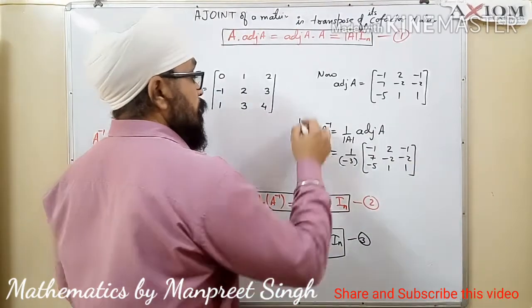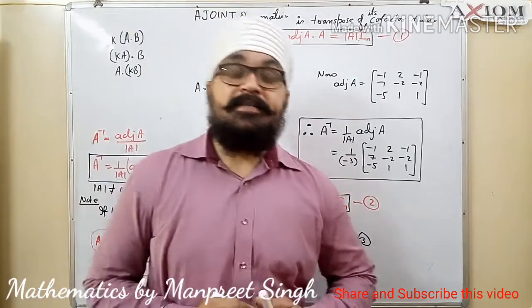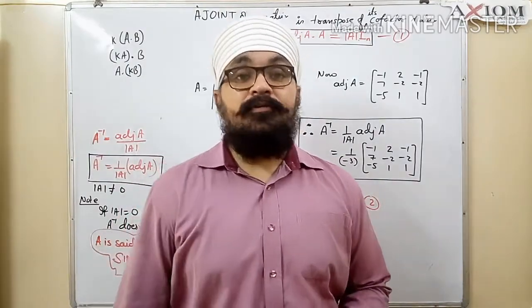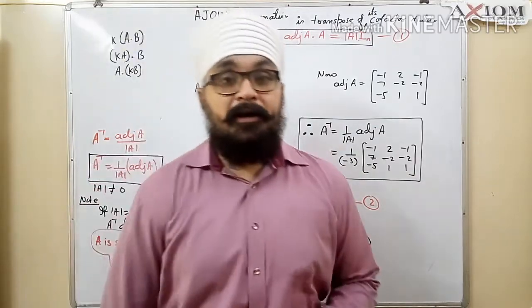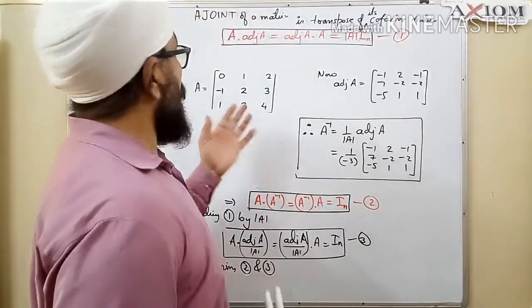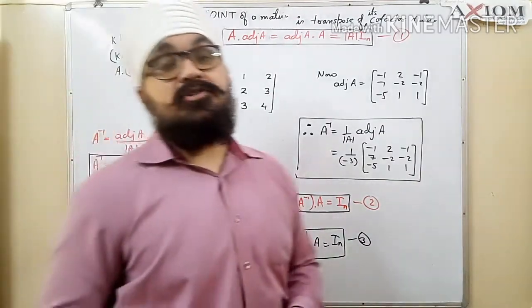So this was all about today's topic that I have taken, that is adjoint of a matrix and inverse of the same matrix, where we are going to use this particular formula to find the inverse of a matrix.